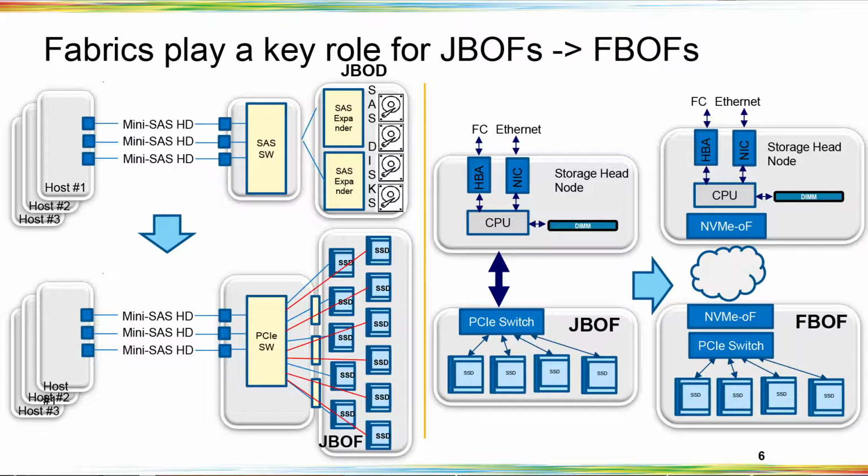What I expect moving forward is that the SAS connection that you see on the left-hand side will likely change to a fabric-specific model. And we will, within this panel, debate in front of you what those various options are. One of the fabrics could be PCIe, and a JBOF could be directly attached to a server. And in fact, that delivers the best performance that you can get out of a JBOF or FBOF.